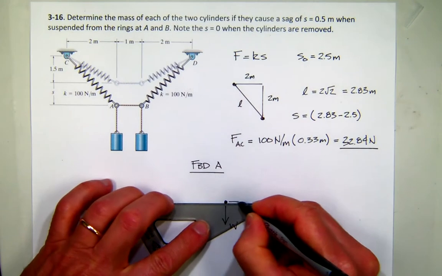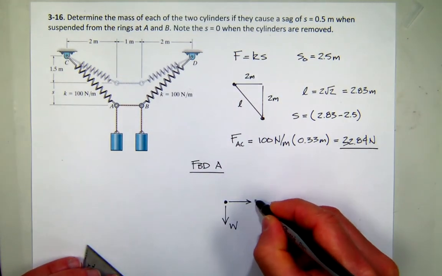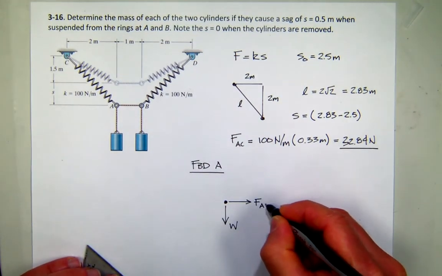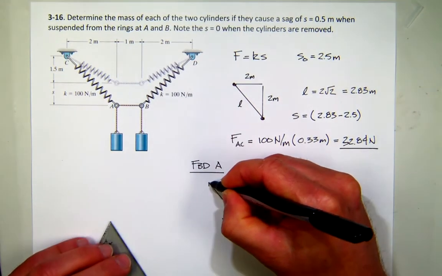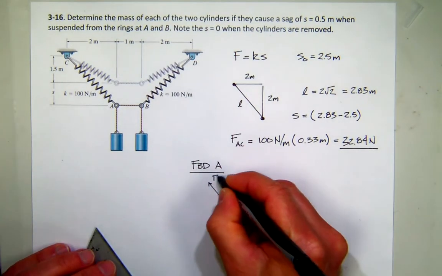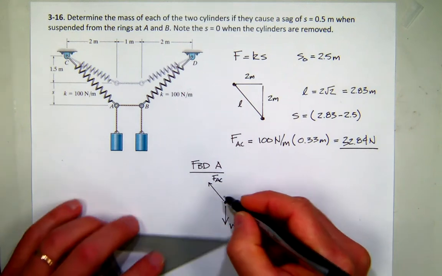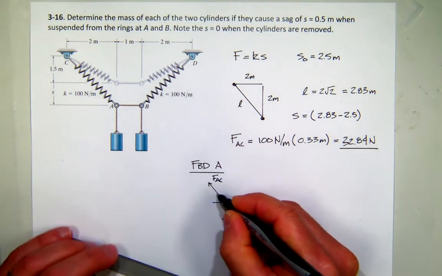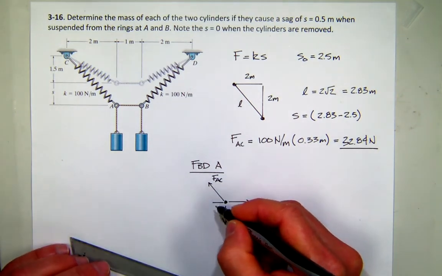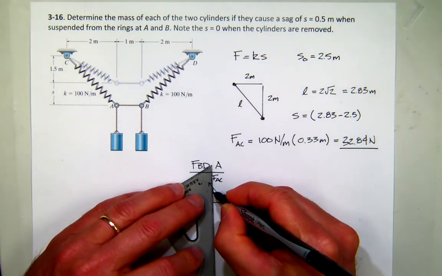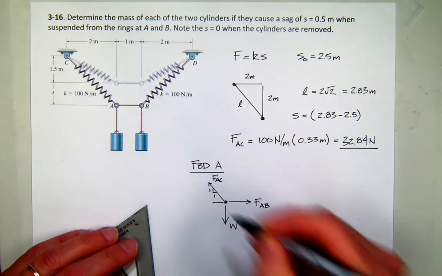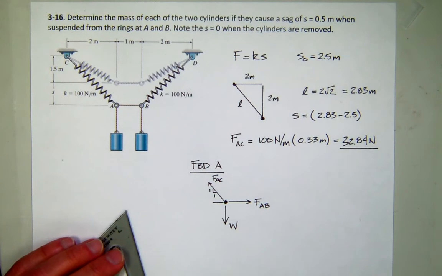I have a force horizontally, which would be the force AB. And then I have this force that I just solved for, force AC. And what was the angle here? Oh, we know it's 2 to 2, which is 1 to 1. So I'll just draw it like this. It has a slope of 1 to 1. Did we see that?